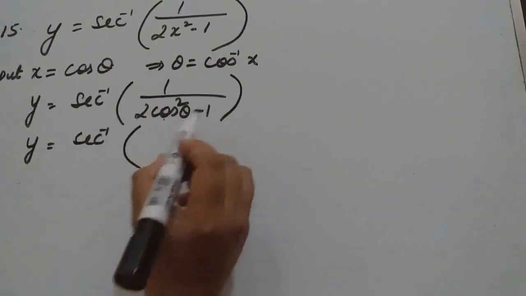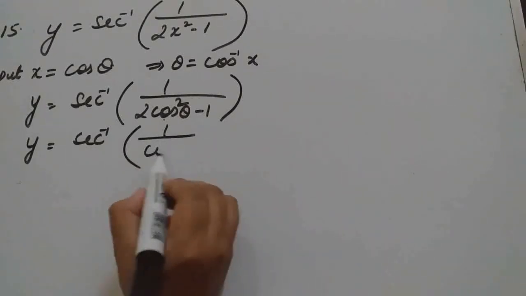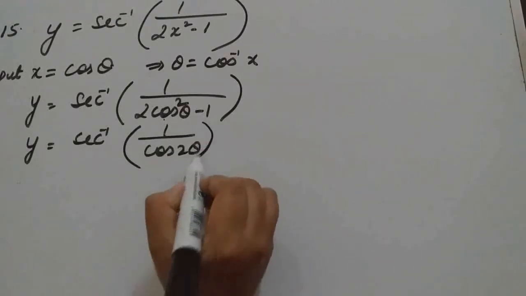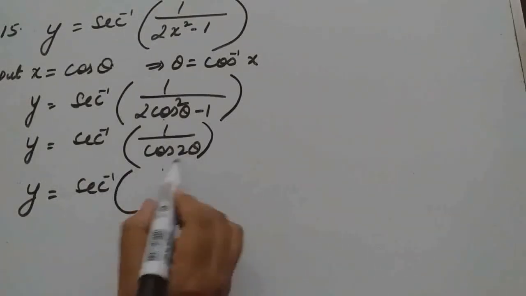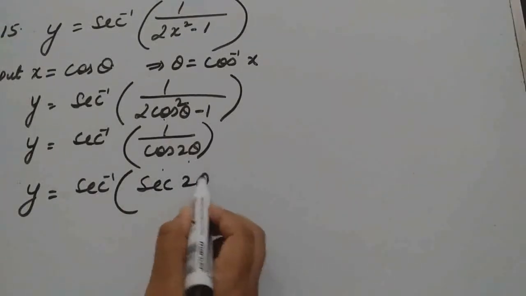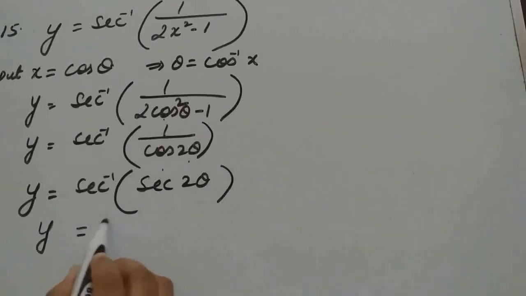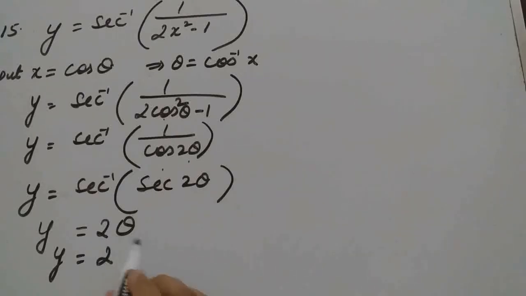Now 2 cos square theta minus 1 is the formula for cos 2 theta, isn't it? So 1 by cos 2 theta is what? Sec 2 theta, which will give 2 theta only. Now we can substitute the theta value, which is cos inverse x.